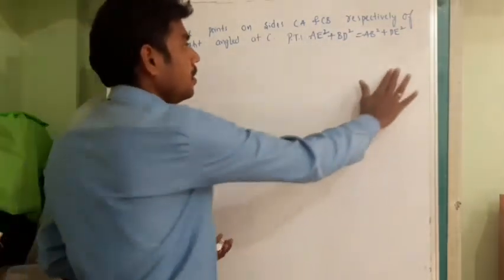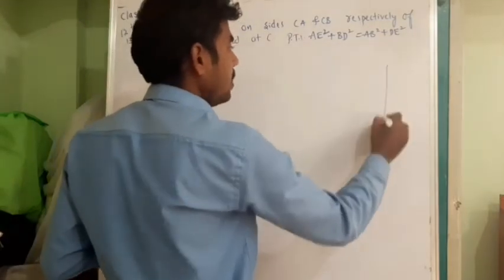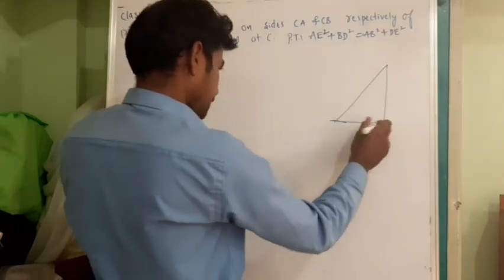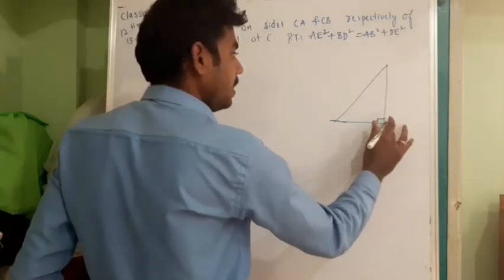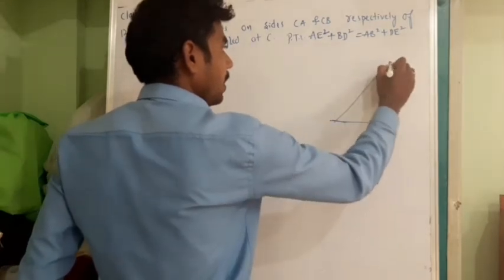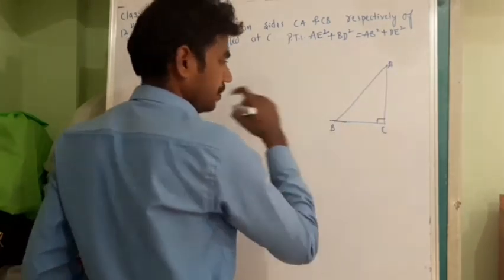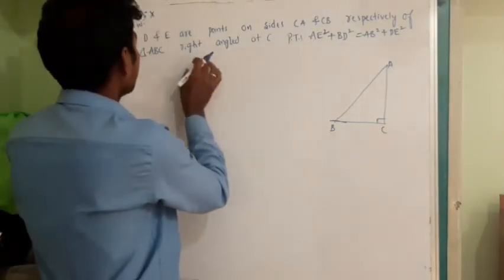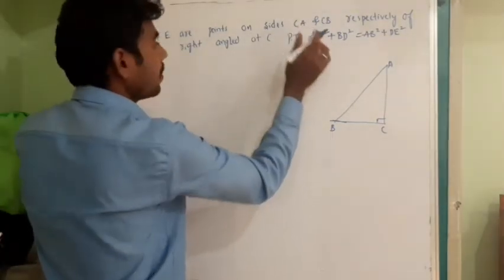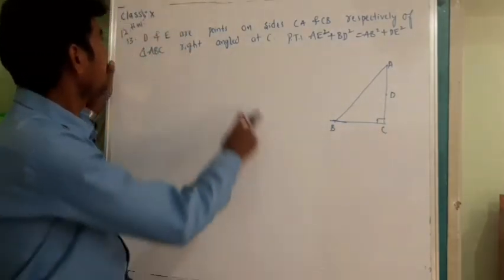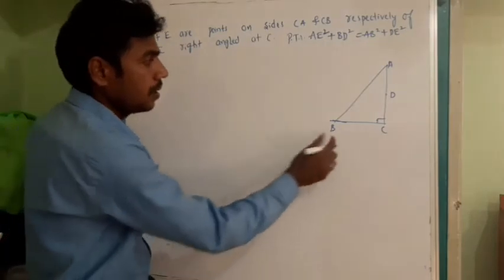Very much simple. See, there is a triangle. It is right angled at C. Now, D is a point on AC, and E is a point on BC.